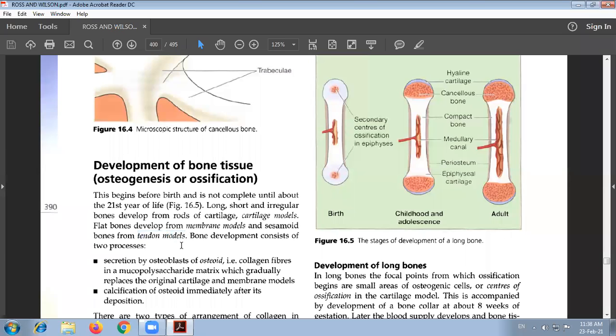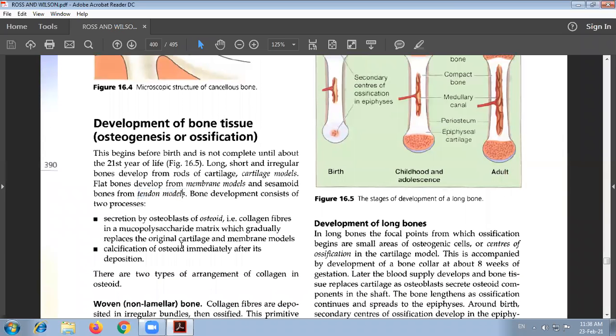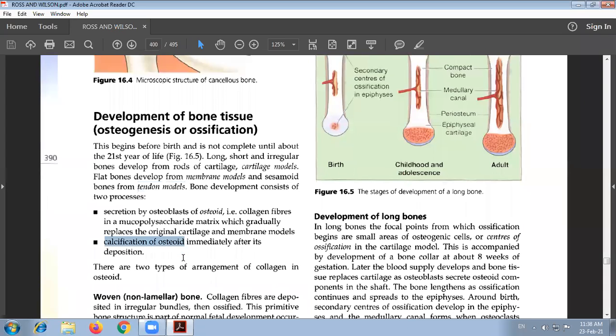Bone development consists of two processes. First is the secretion by osteoblasts of osteoid, that is the collagen fibers, and second is the calcification of the osteoid immediately after its deposition.